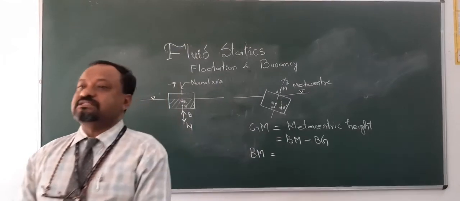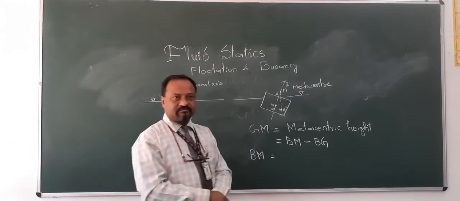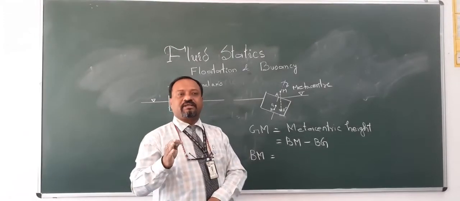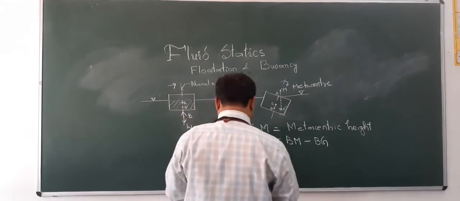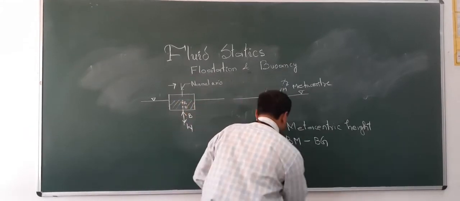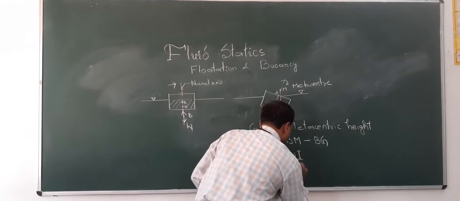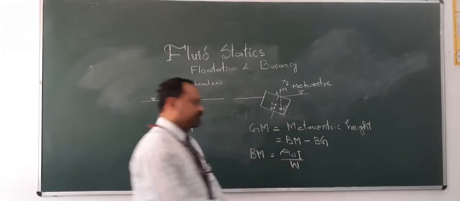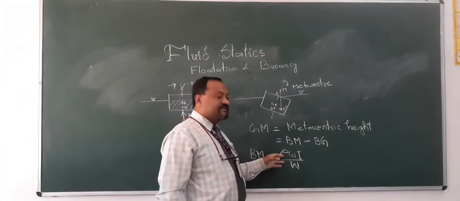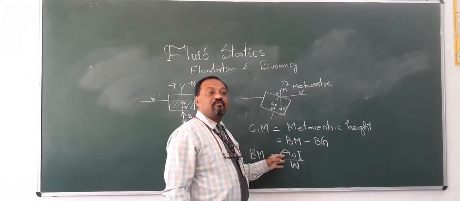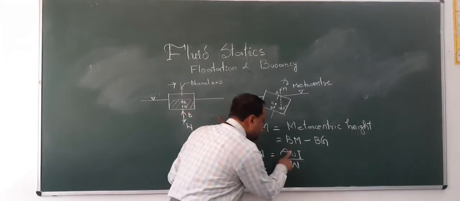This BM is derived from an analytical method of analysis for the wedge concept. It says BM is equal to I divided by W. Sorry, I have made a mistake here.